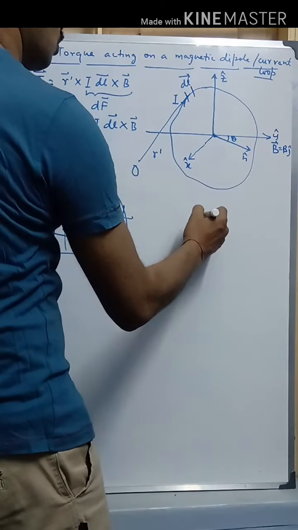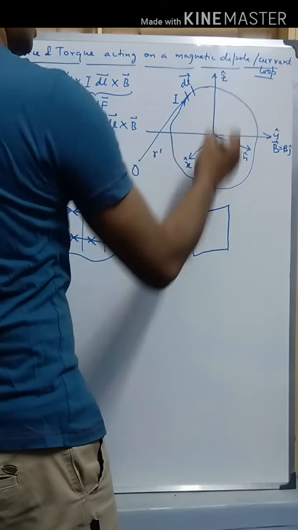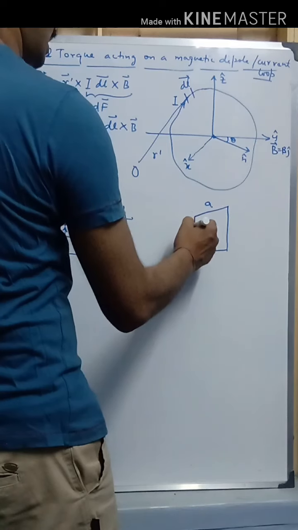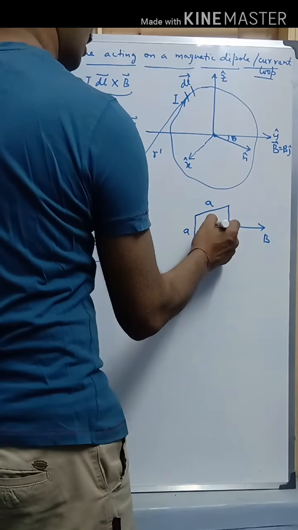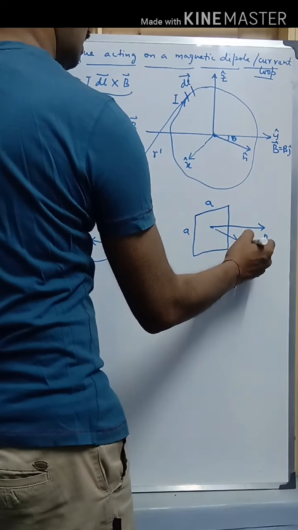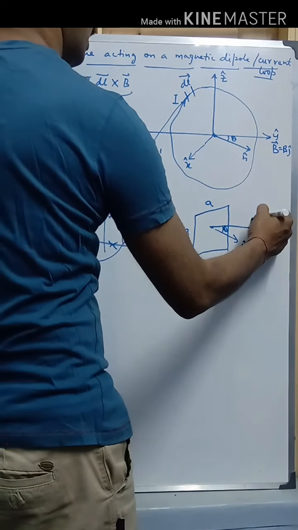So we can replace the above picture by a square loop of side A, whose normal makes an angle theta with the y-axis.